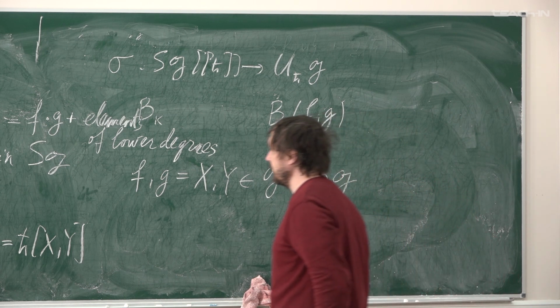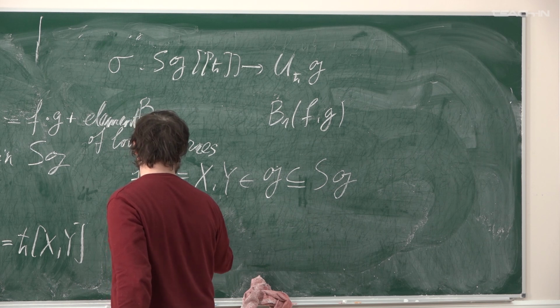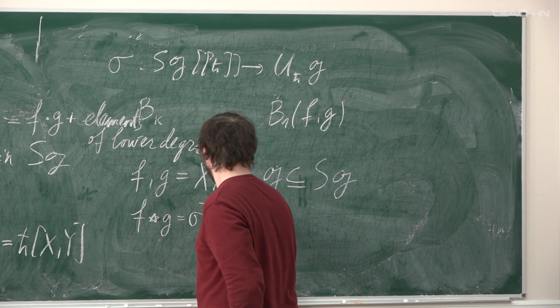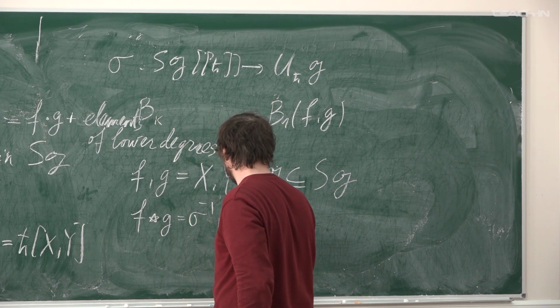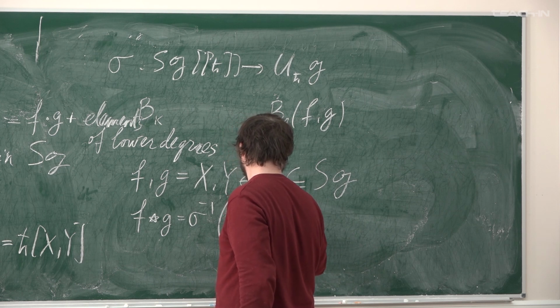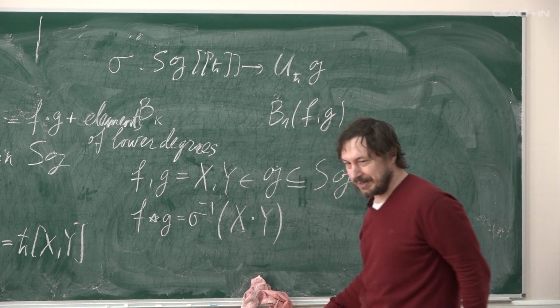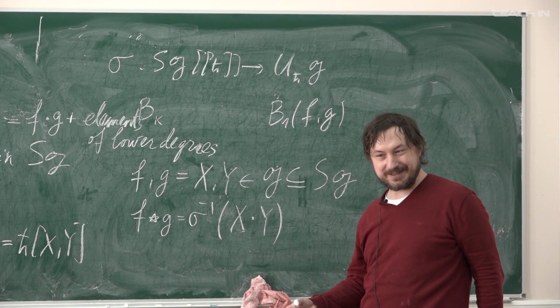In that case, what do we have? f star g will be equal to sigma minus first of, well, of course, sigma of x is just x, and we just get x times y. So here's the problem: how do we define the inverse map?